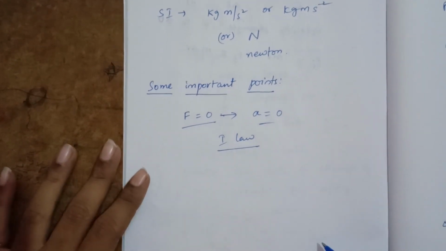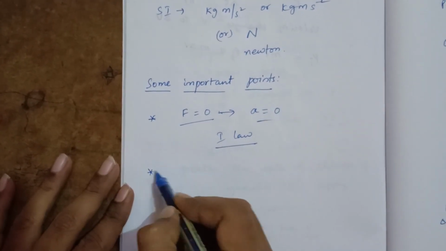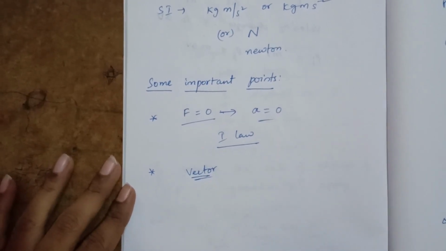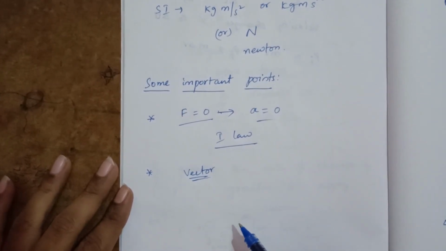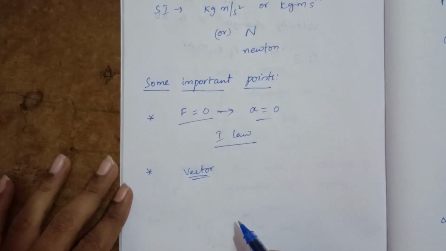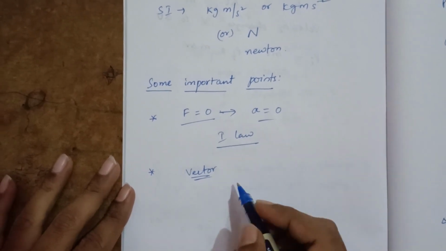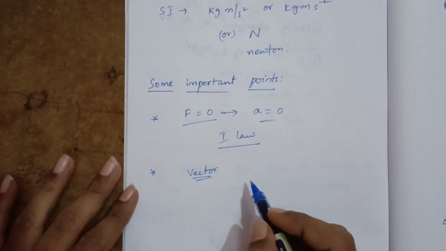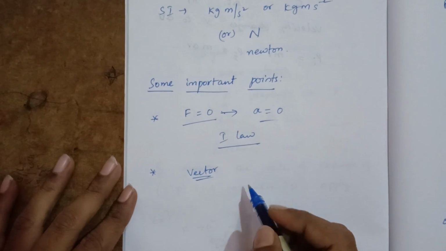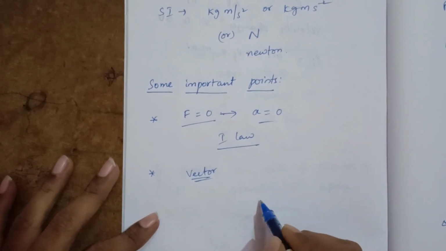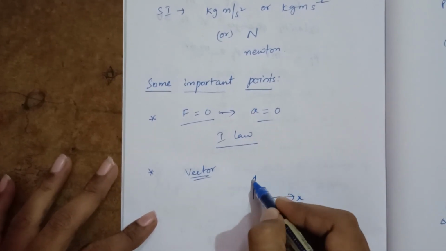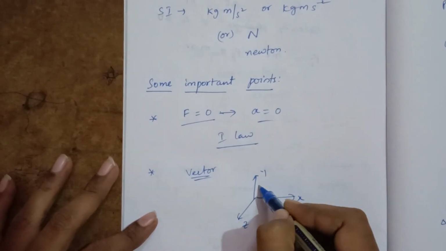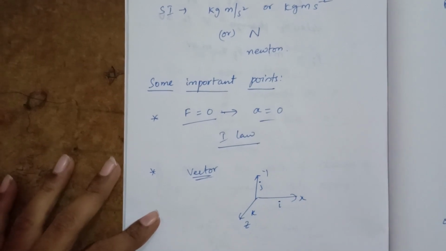Okay. Next, the second law of motion is a vector law. Here we are discussing force, no? So force is a vector quantity. It is equivalent to 3 quantities, one for each component of the vector: x-axis, y-axis, z-axis, i, j, k components.